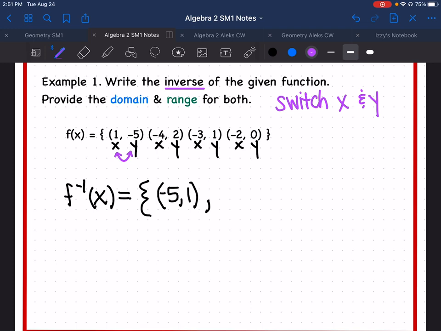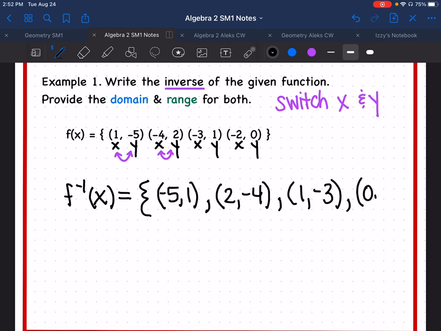Let's switch the next ordered pair. I'm simply going to switch them. So I'm going to get 2, -4. You guys got the pattern. Go ahead and complete it. All you have to do is switch the order. 0, -2. There we go, and finish with the squiggle.